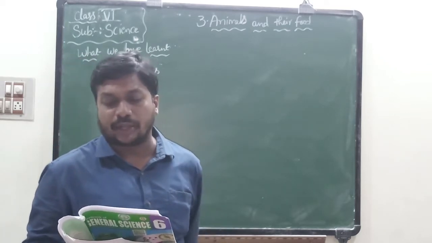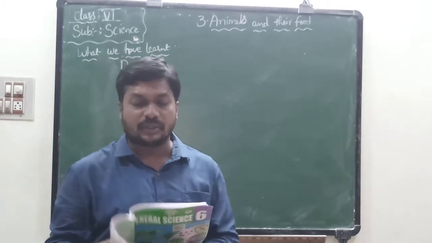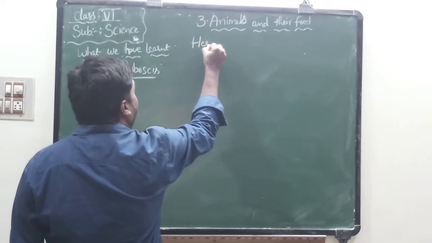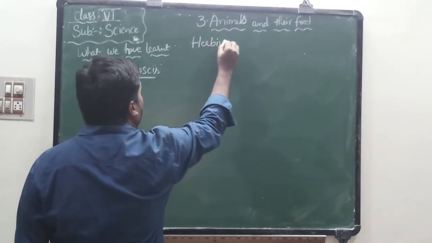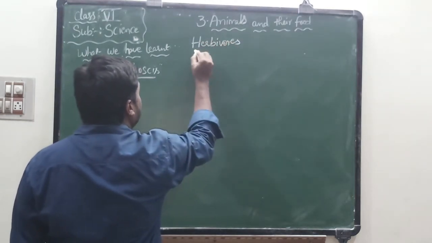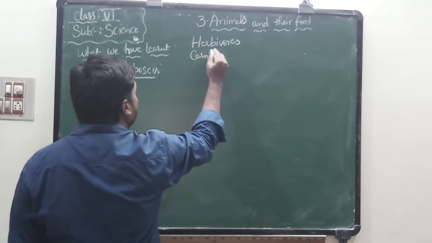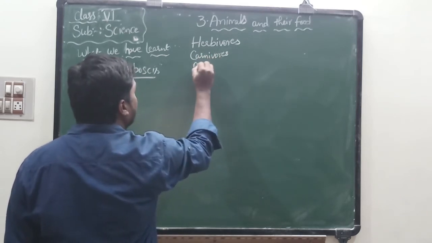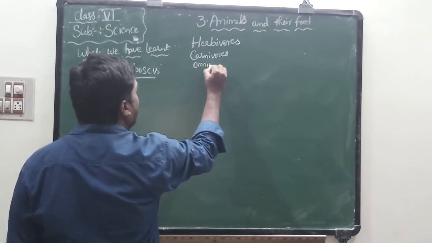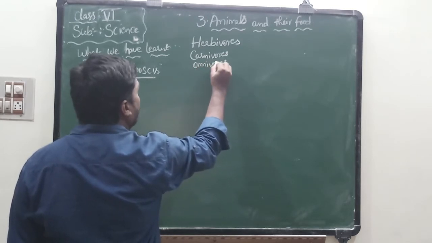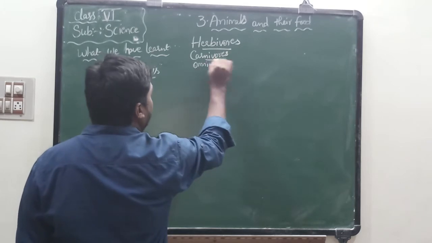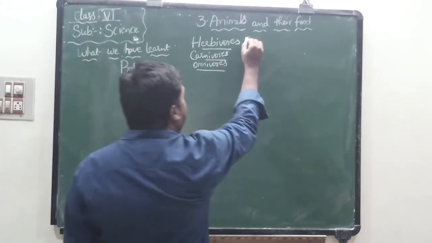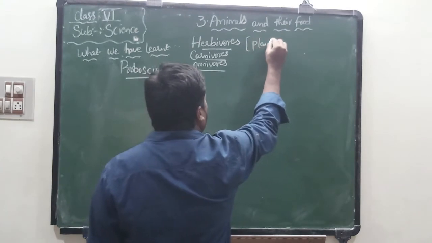Animals are divided into three groups on the basis of their food habits: herbivores, carnivores, omnivores. Herbivores are the animals which eat only plant food.